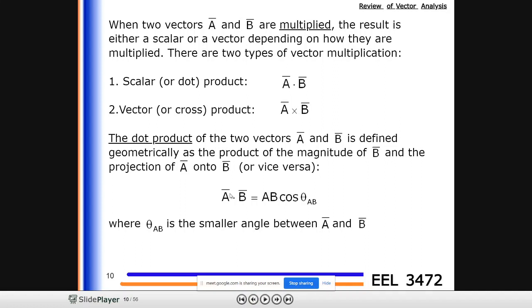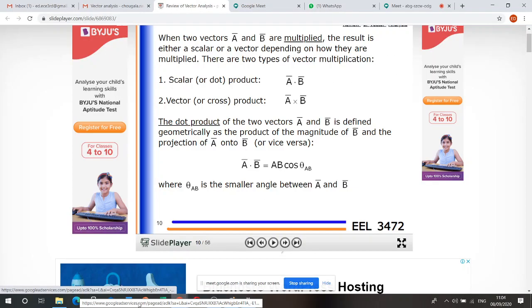AB, right? Because cos 0 is equal to 1. So A vector dot B vector is equal to AB. Now one more thing. If you have understood this, you will be able to answer.